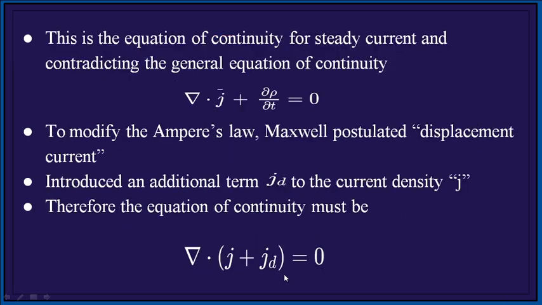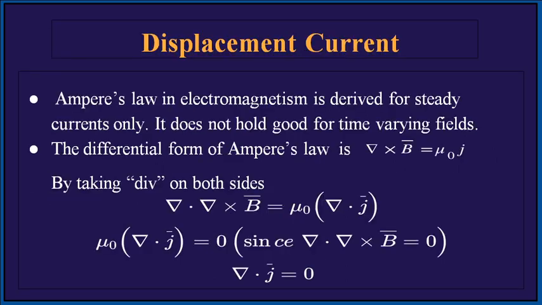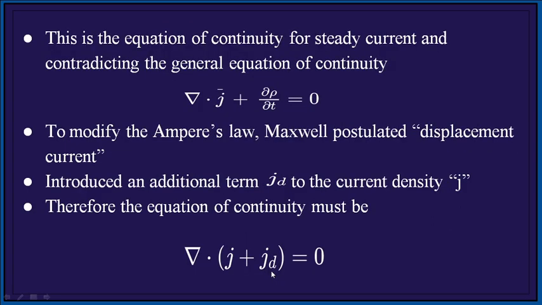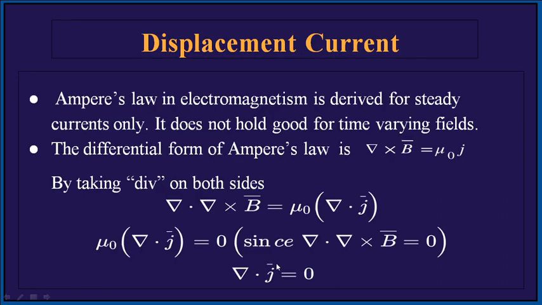And that correction is made by Maxwell by using the concept of displacement current. Since some term is missed here, the scientist Maxwell thought to add some additional term to the J, because here it is del dot J plus something. That something is missed in this equation, which is actually from Ampere's law.